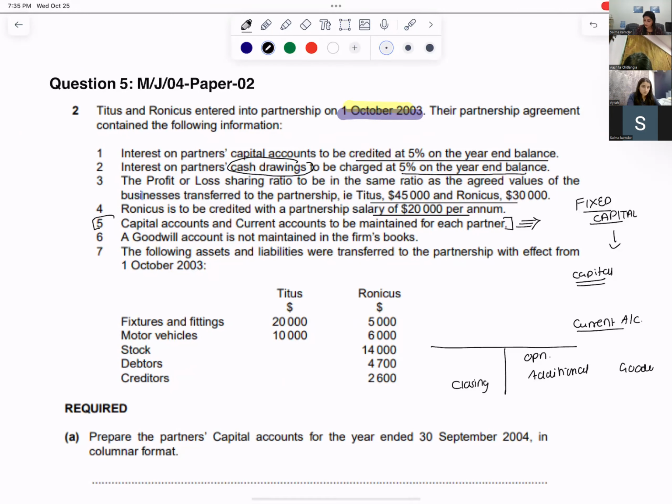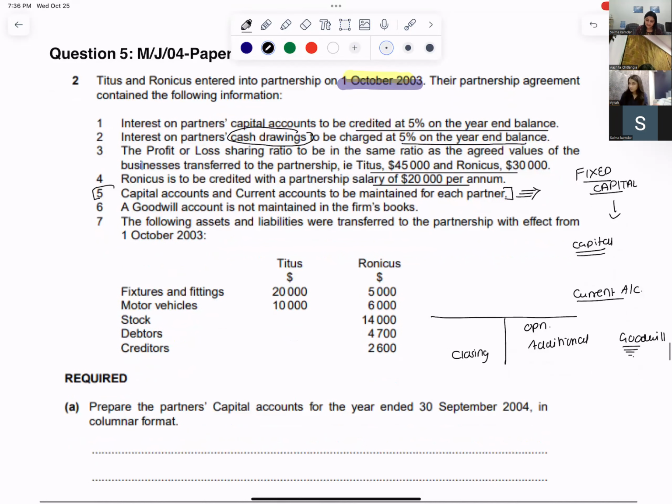Before this, you had goodwill adjustments, meaning admission, retirement, and dissolution, but now these chapters have been shifted to A levels. So goodwill is not there for you. Are you all with me?